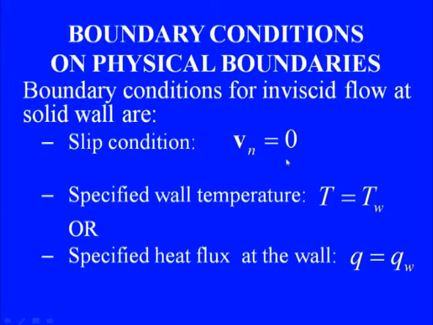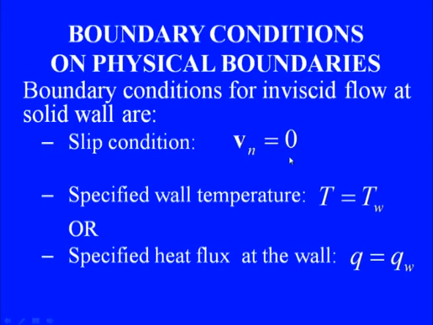One of these two conditions has to be specified for energy equation, that is specified wall temperature or specified heat flux. The only difference in the case of inviscid flow would be that in the case of velocity, we have to impose what we call a slip condition by setting the normal component of velocity as 0.